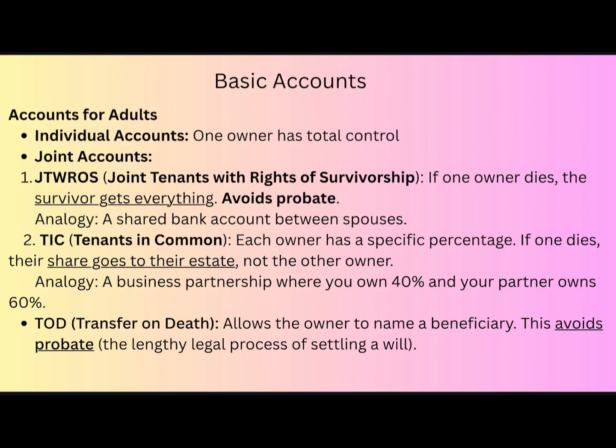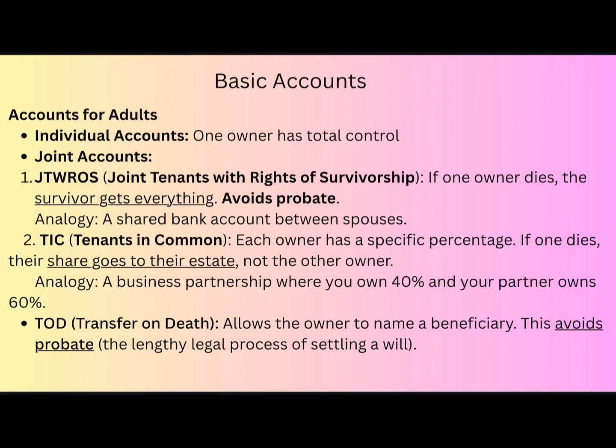As far as joint tenants with rights of survivorship, JTWROS ownership rules state that a deceased tenant's interest in the account passes to the surviving tenant. So TIC, tenants in common, passes to the estate, whereas with joint tenants with rights of survivorship, the interest in the account passes to the surviving tenant.